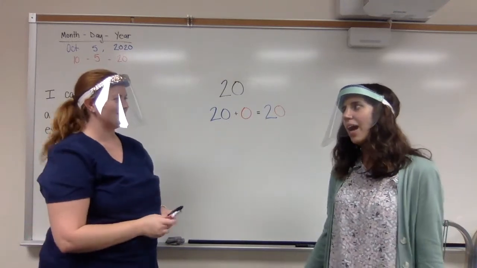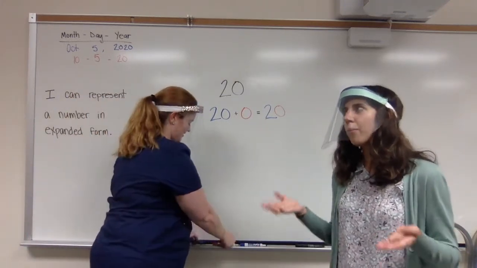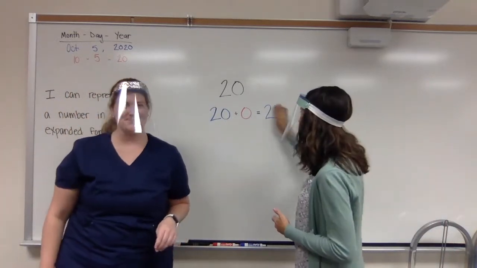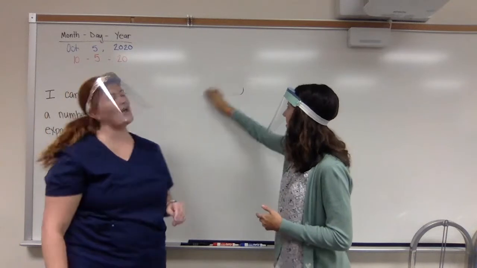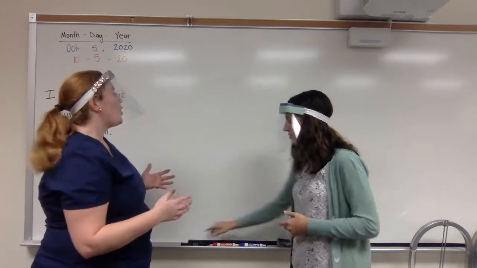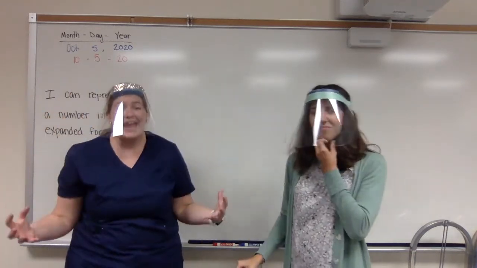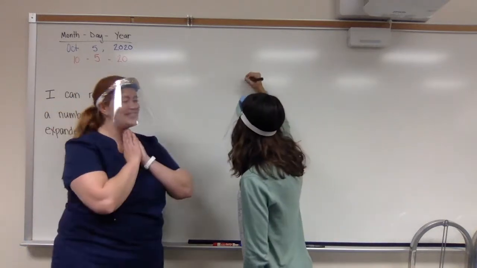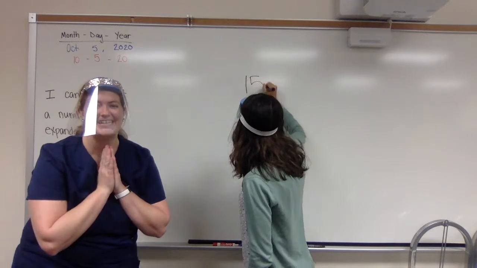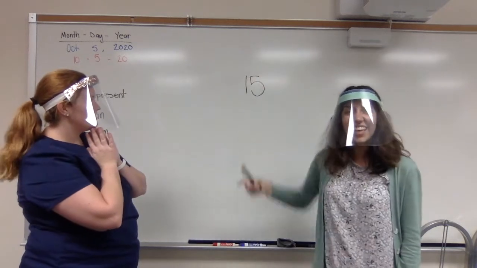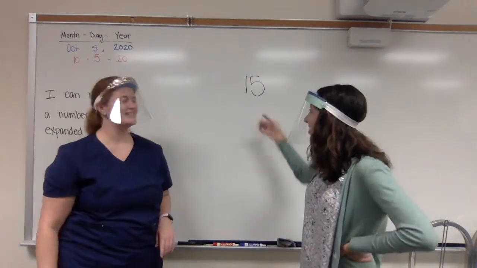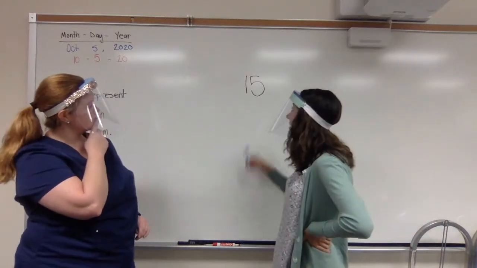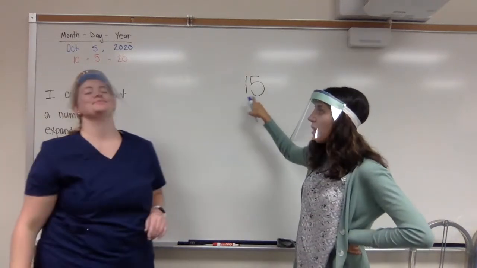Well, Miss Lynn, I think we should go ahead and practice a normal one more time before we're ready to start our own work. I think that's a good idea. Remember, we're learning how to expand this number. We're representing it in different ways. Well, let's see if we can represent the number 15 in expanded form. All right, so I have the number 15 up here. So I should know that there's a number in both places.